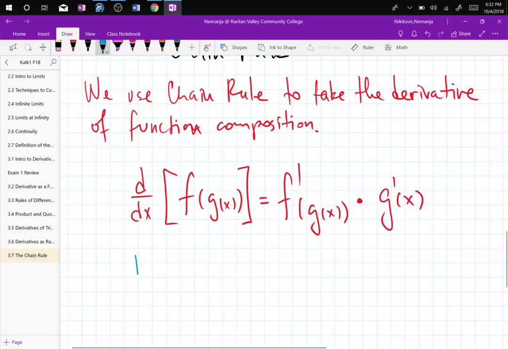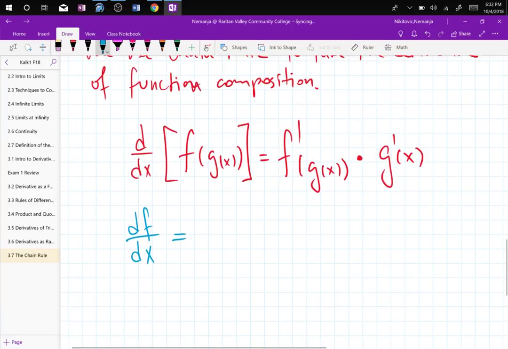So df dx will be df dg and then dg dx. And you see what would happen if I am to cancel these out. You get df dx equals df dx. Obviously we're not canceling it because we need them, but you see, so these are the two forms.